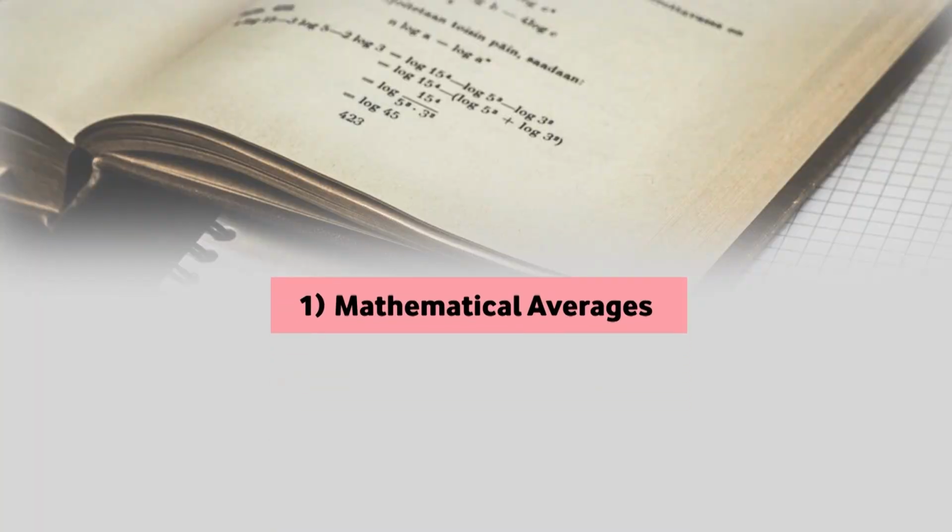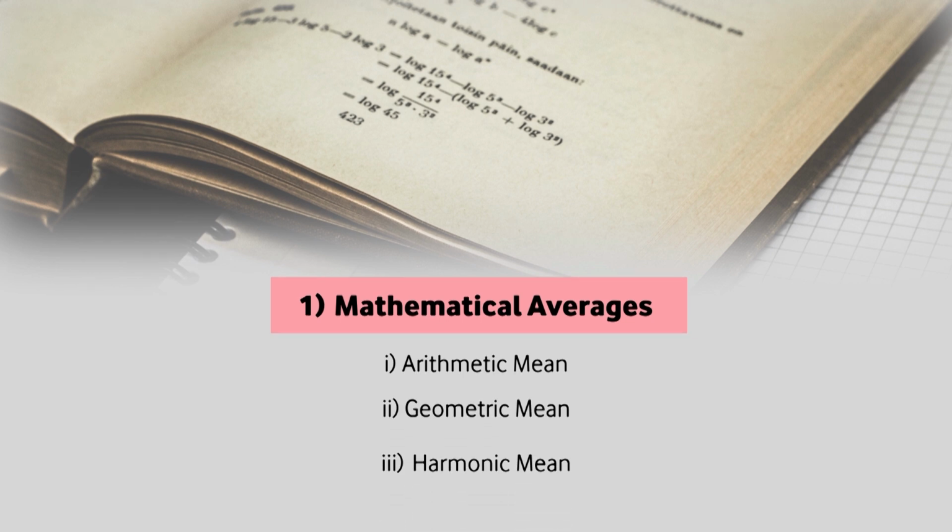So as statisticians, we depend upon the mathematical averages and the averages of position. When I talk of mathematical averages, there may be three kinds. One is arithmetic mean, which is called simple arithmetic mean or just mean. The other is geometric mean, and the third one is harmonic mean.